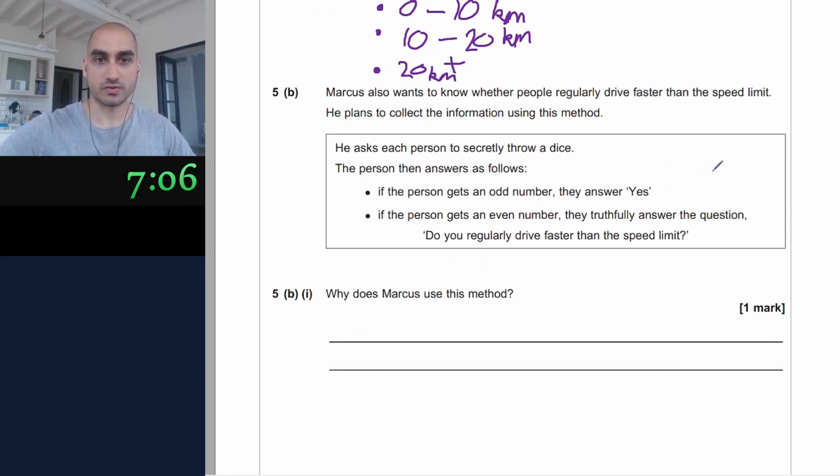Alright, Marcus also wants to know whether people regularly drive faster than the speed limit. He plans to collect the information using this method. He asks each... Oh, they're playing a dice game. It's like that game where you put in the red card or the black card.